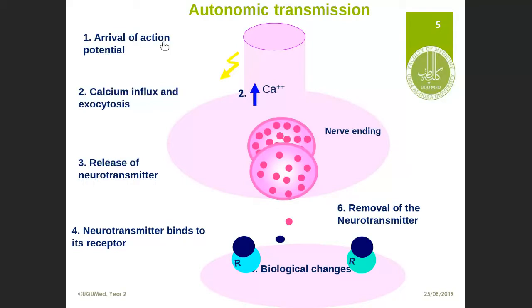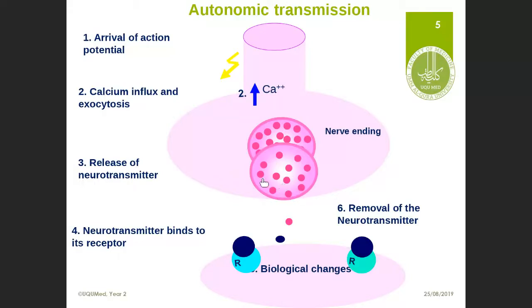There is the arrival of an action potential, and this action potential causes increased calcium influx. When this calcium influx increases, ultimately the acetylcholine neurotransmitter, stored as vesicles in the nerve, starts a process of exocytosis.